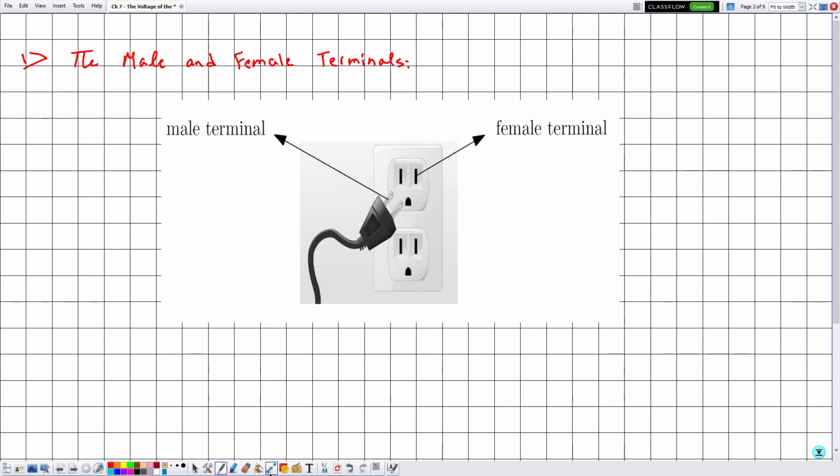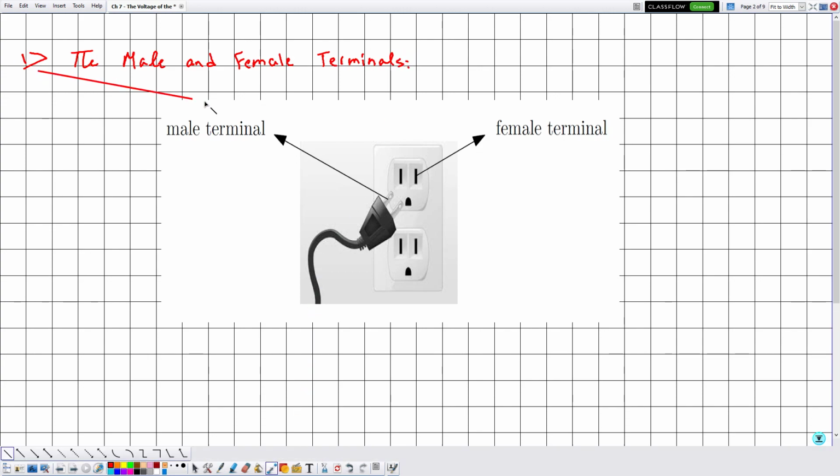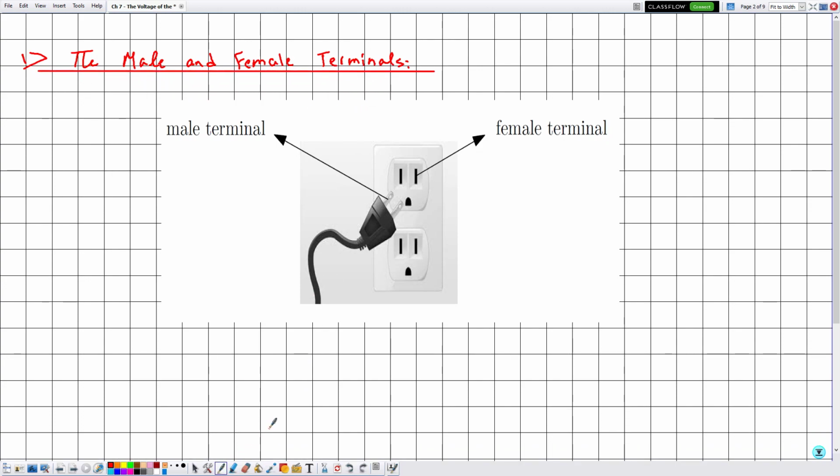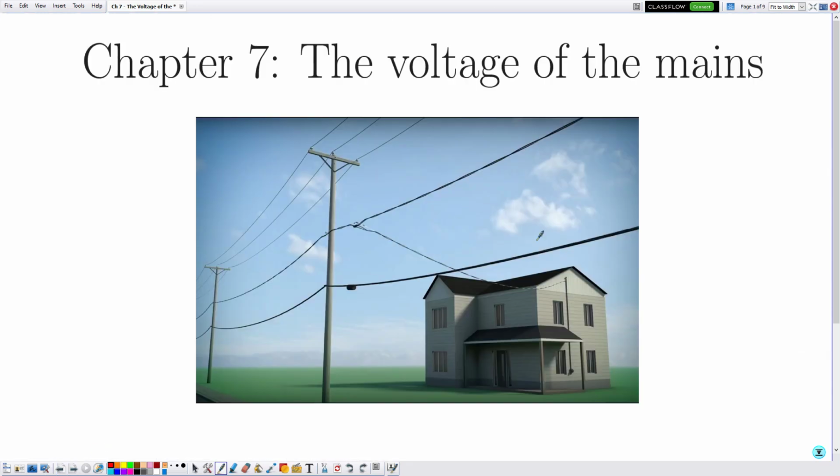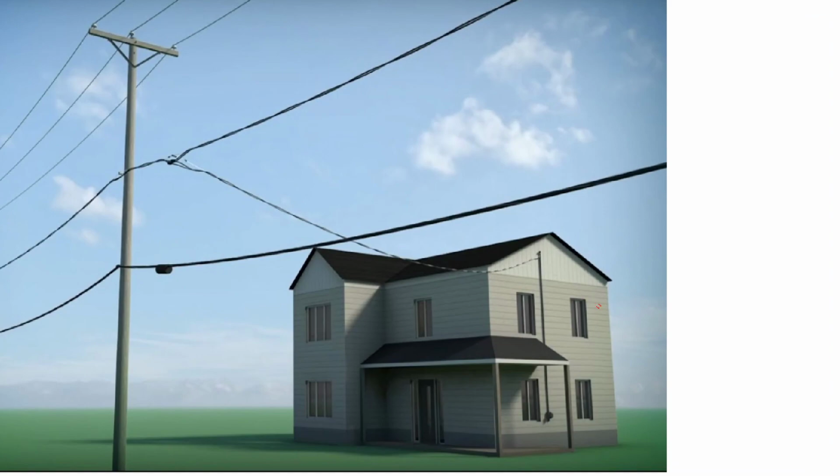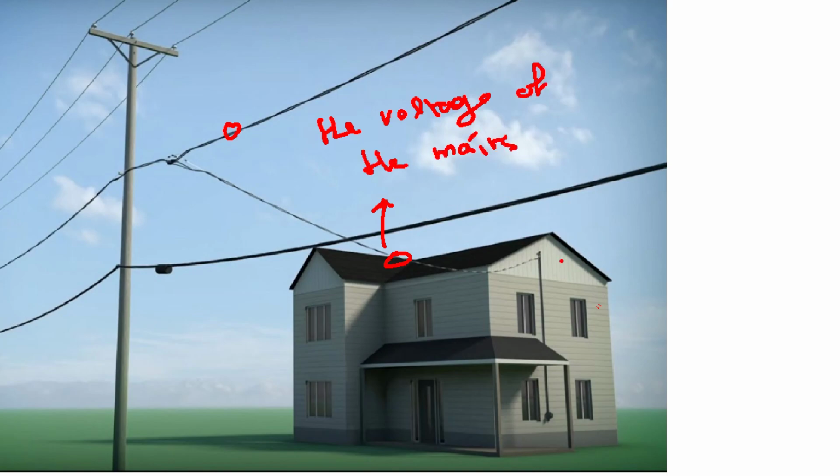Now, as we have seen in the previous documents, after the voltage is being supplied to the house, we can make use of this voltage, which is said to be the voltage of the mains. Coming from these wires, this voltage is the voltage of the mains, which is the title of this chapter.